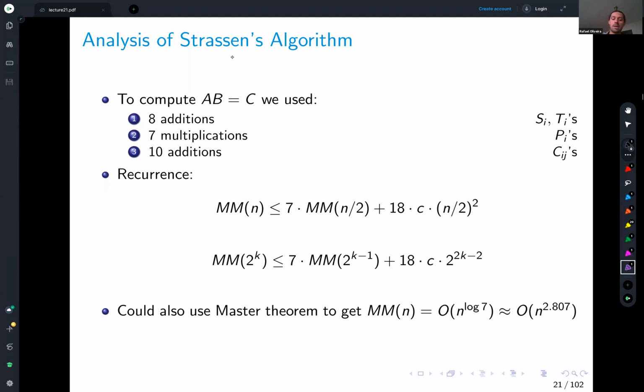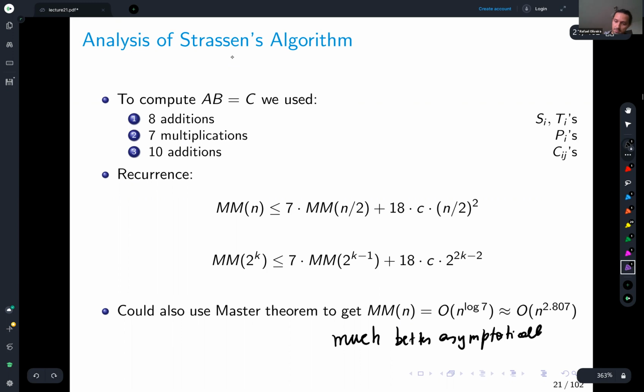This is much better asymptotically than n cubed, right? Just by reducing the number of multiplications.